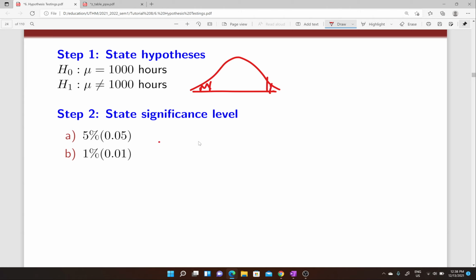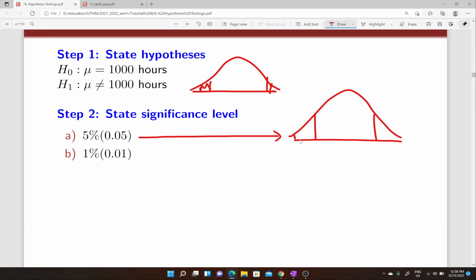For this one you split into 0.025, the critical value will be negative 1.96, this one is 1.96.